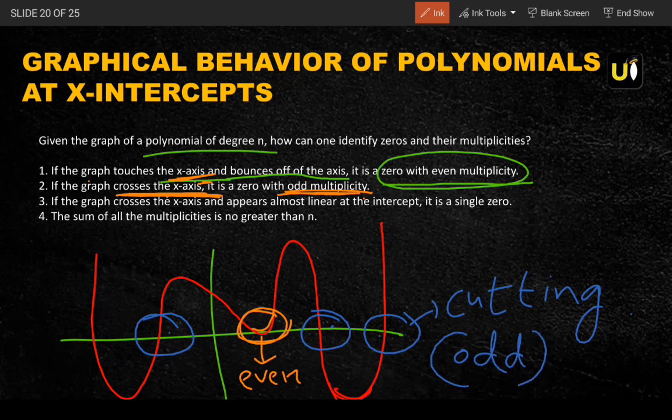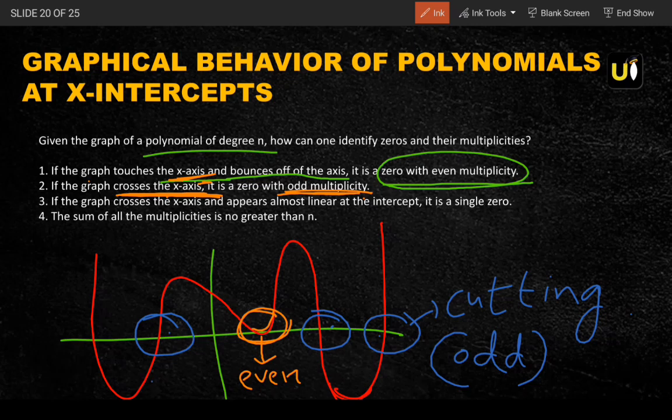If a 0 has even multiplicity, then the graph will bounce off the axis at that point. If the graph is cutting the x-axis at that point, that means the 0 has odd multiplicity. So here we can derive the conclusion in either way.